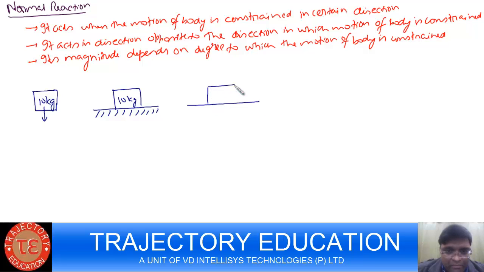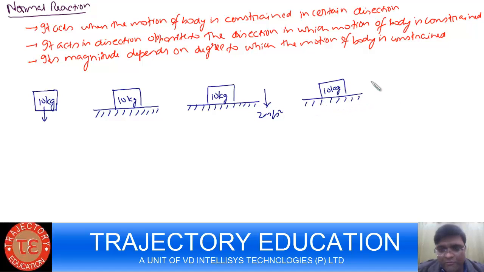I have the same body of mass 10 kg moving in downward direction along with the surface by, say, an acceleration of 2 meters per second square. Now I have the body of 10 kg mass along with this floor moving upward with 2 meters per second square. I have these 4 cases.